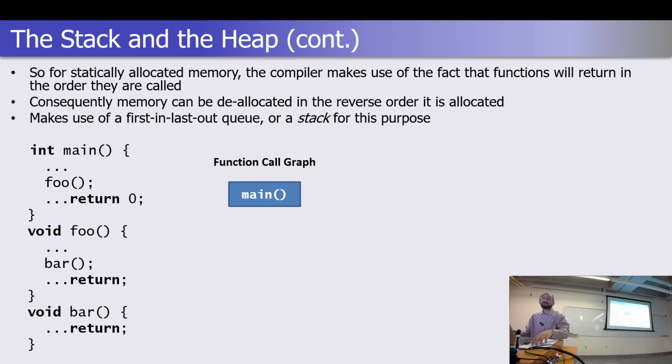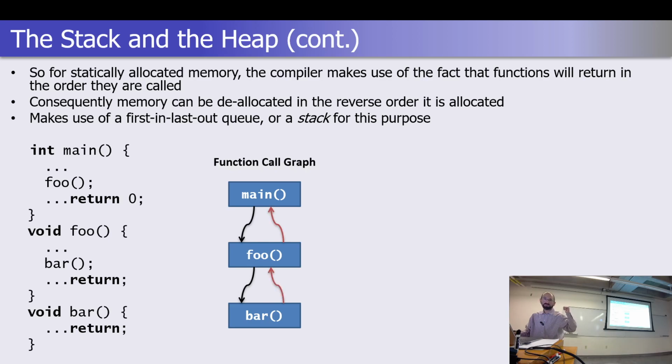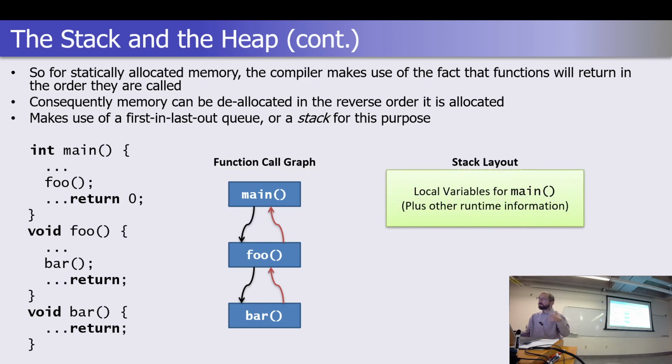So if we have in this code main that calls foo, that calls bar, we would have something of a function call graph that looks like that, right? Main calls foo, calls bar. As they return, the arrows go back in the opposite direction. Bar returns to foo, returns to main. Our memory allocation follows a very similar pattern, where in main, we have the so-called stack frame for main. We have the region of memory dedicated to main's variables, plus some other runtime information.